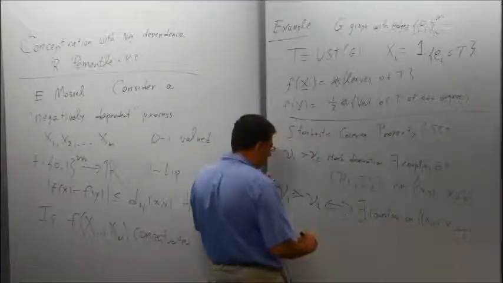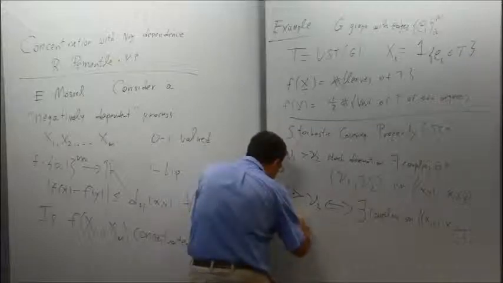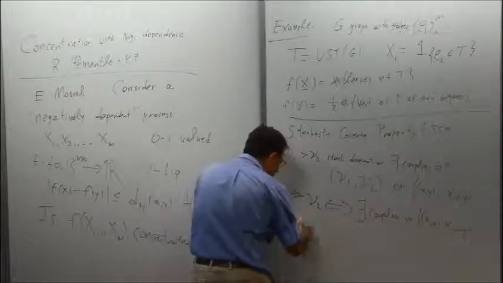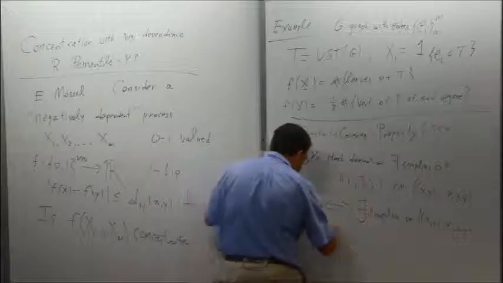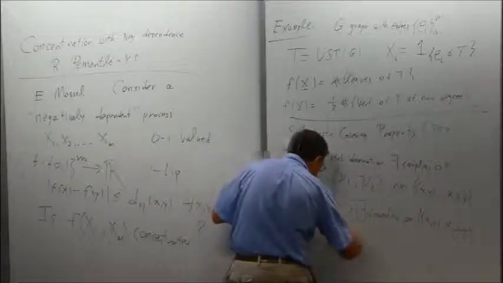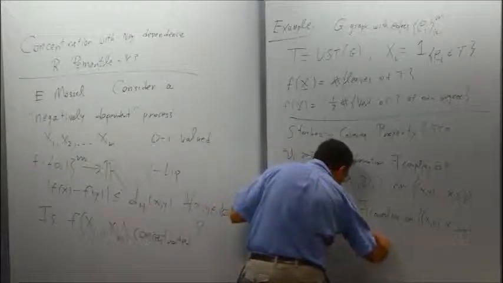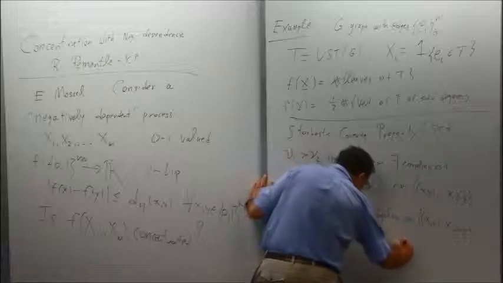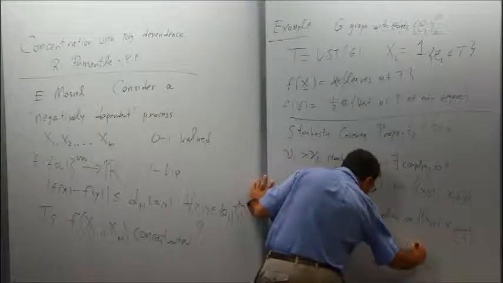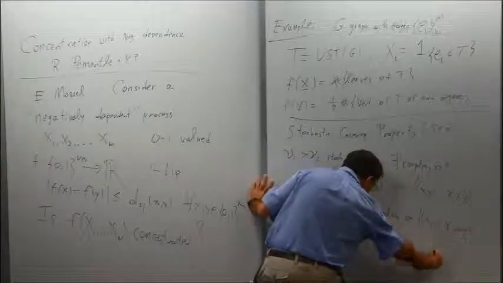The last thing I need to define: x greater than y by 1 means that x is greater than y, but their Hamming distance is just 1. So they just differ in a single bit.